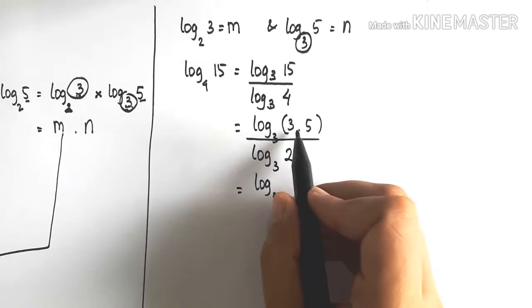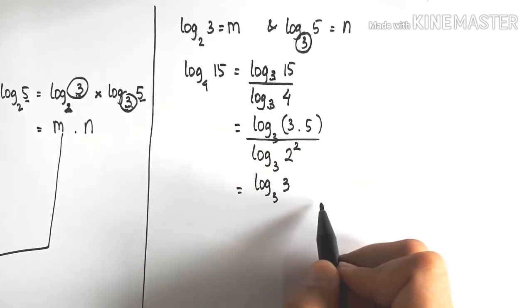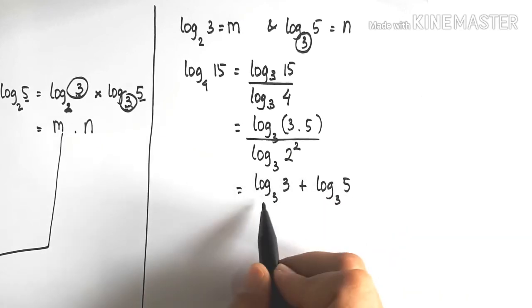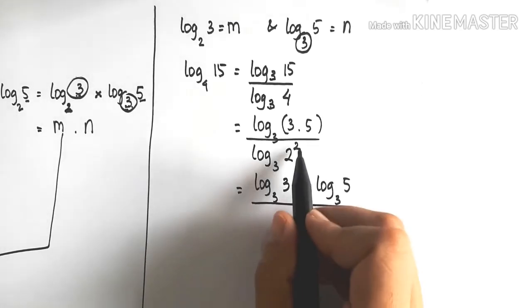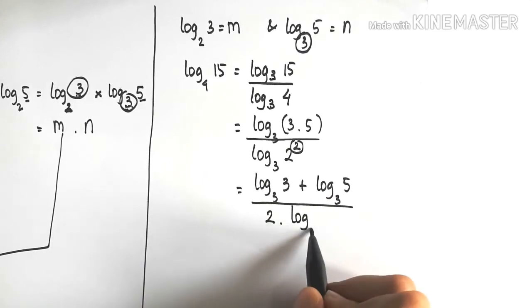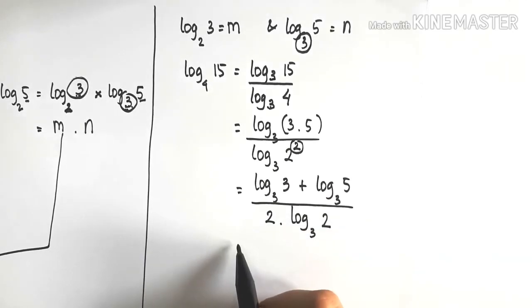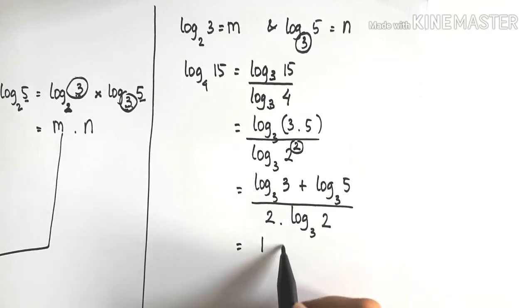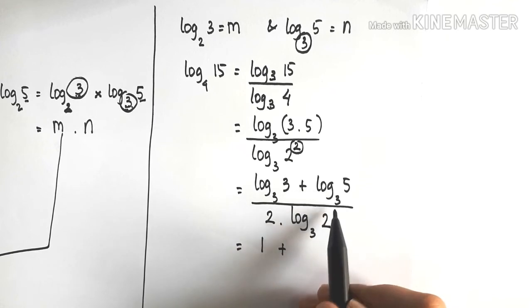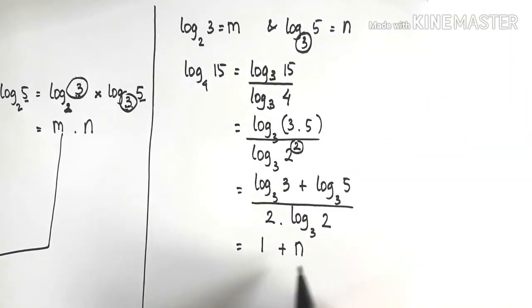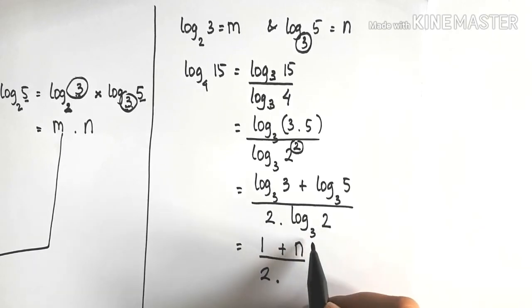Now we separate the argument: log base 3 of 3 plus log base 3 of 5, over, and here we move the exponent, 2 times log base 3 of 2. Log base 3 of 3 is equal to 1 plus log base 3 of 5, back to the question, equal to n, over 2 times log base 3 of 2.